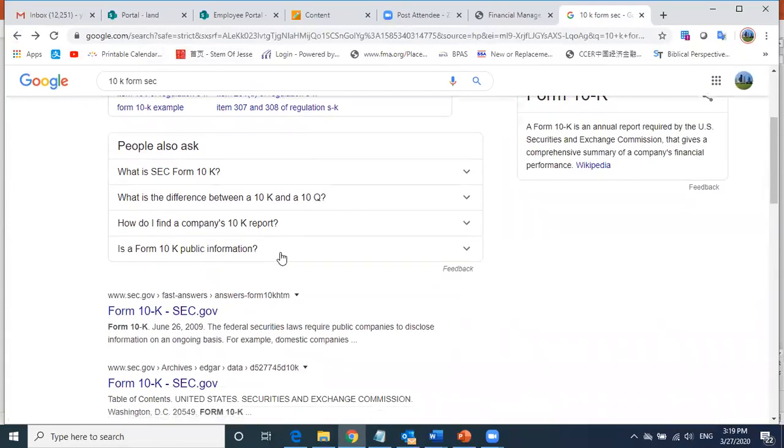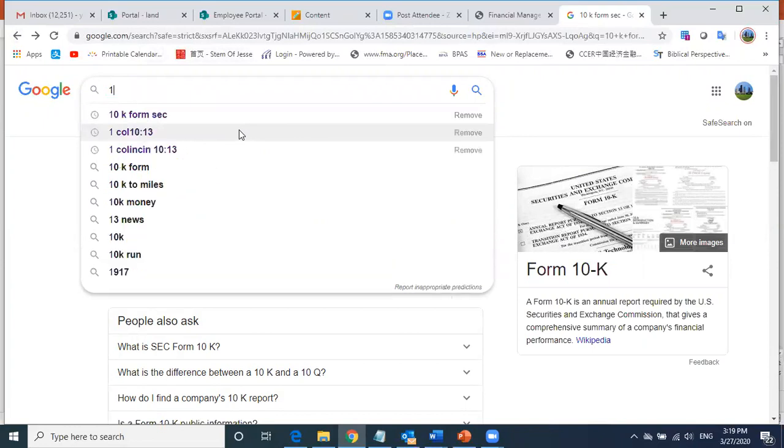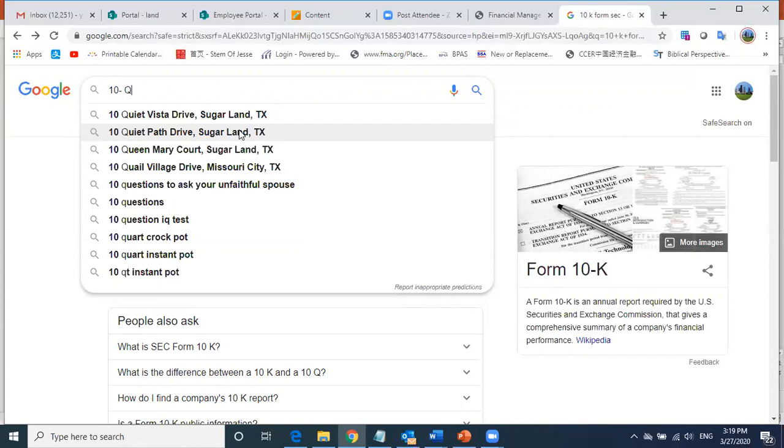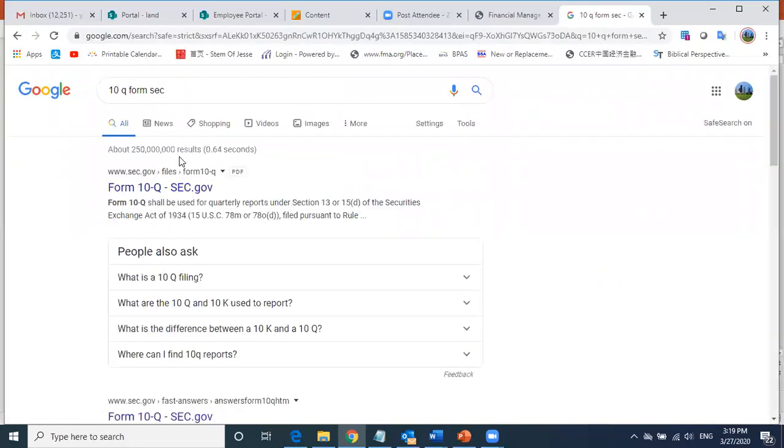Okay, besides the 10K form, we also have another one, the 10Q. The 10Q form is also required by the SEC, but this one is quarterly. It's a quarterly financial statement, and the 10K form is an annual financial statement.